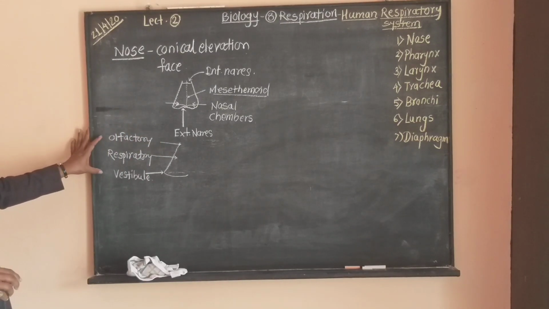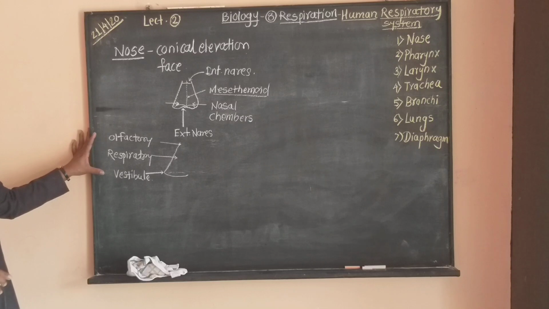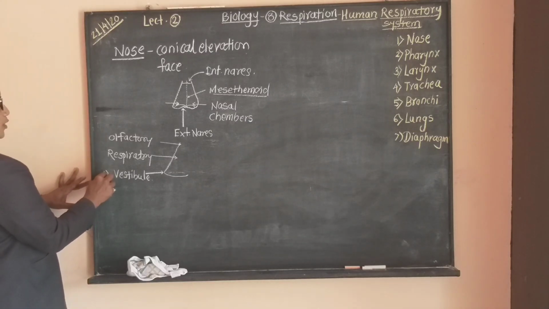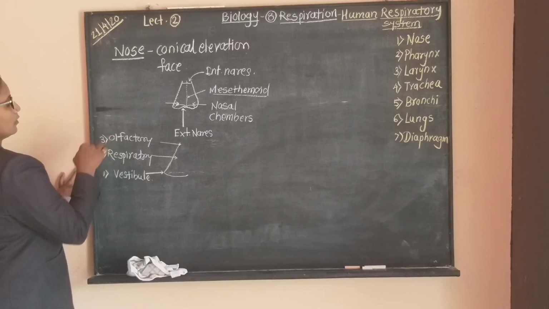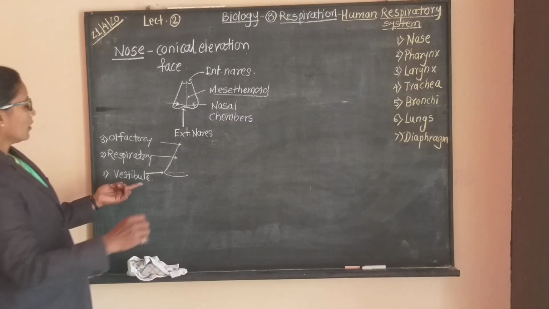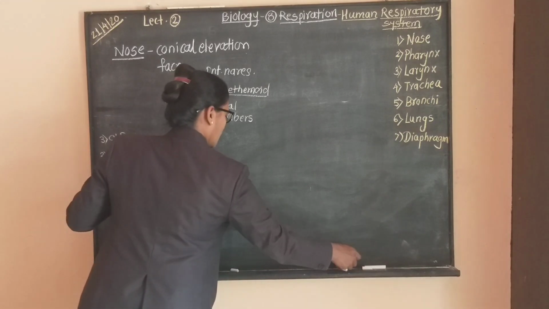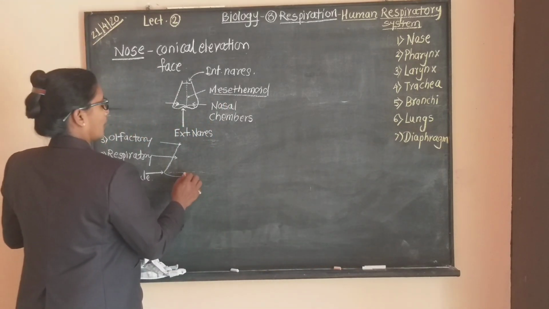That is, the nasal chamber is divided into 3 parts: first the vestibule, second the respiratory, third the olfactory.